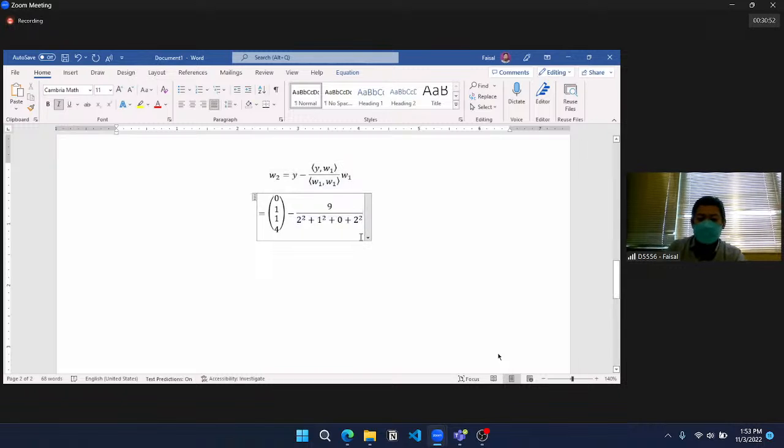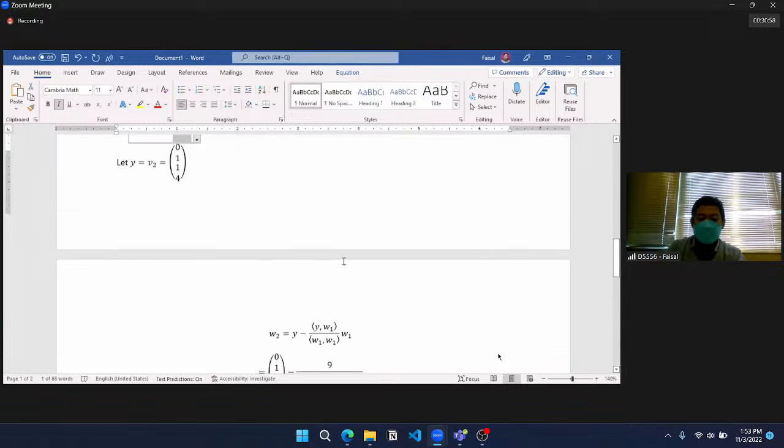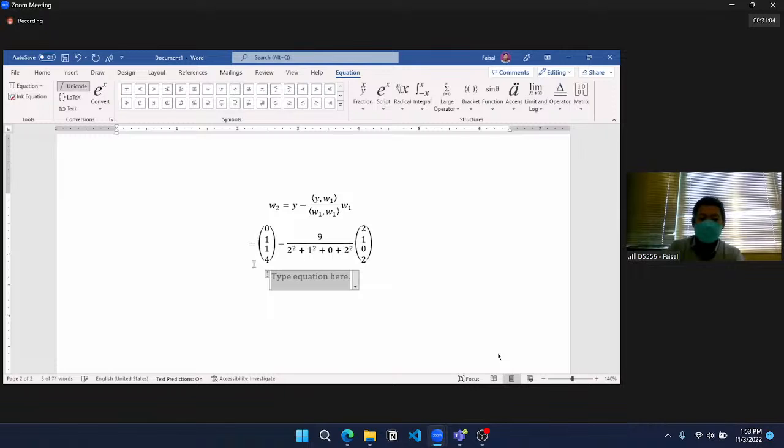We multiply this fraction with W1, and simplify the second term.